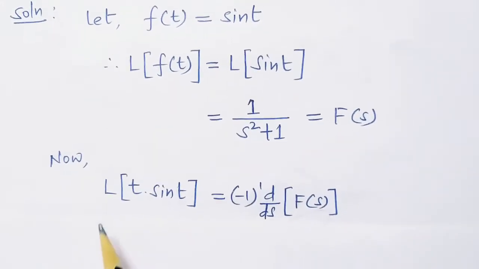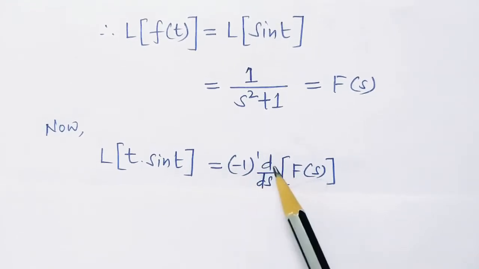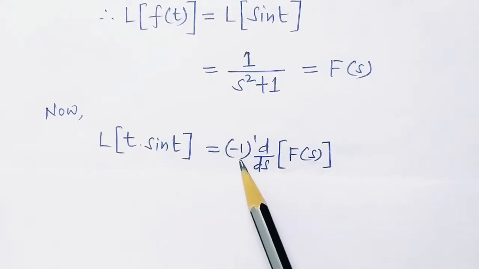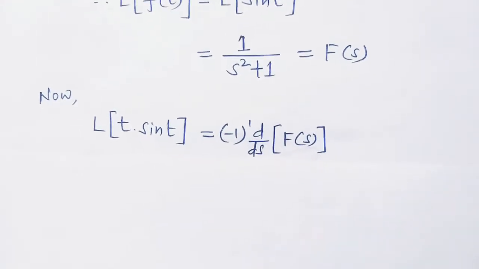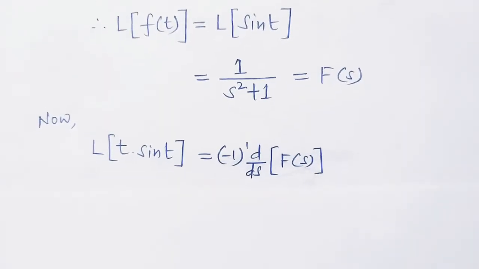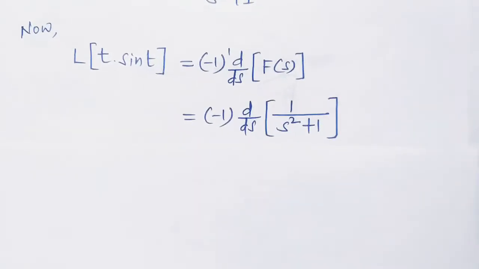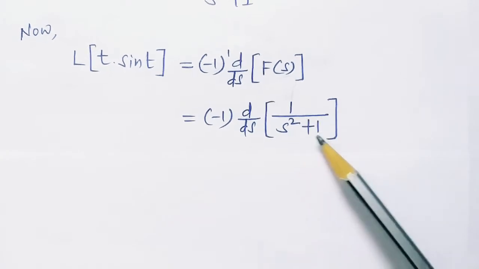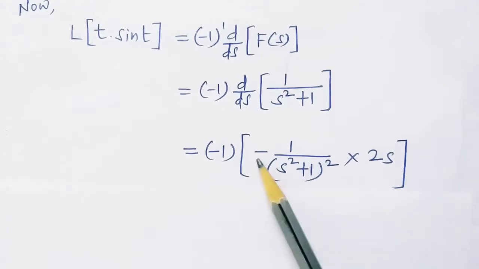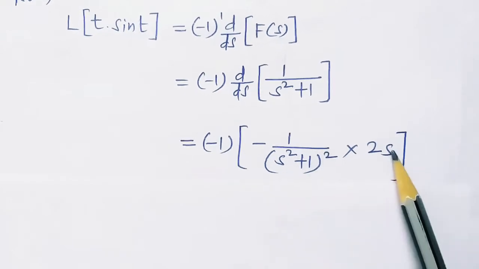Now Laplace of t sine of t, we can write directly minus 1 raised to 1 d by ds of f of s. Since n equal to 1, it has to be only minus 1 raised to 1 and differentiate only once, that is f of s. f of s is 1 divided by s square plus 1. So we can substitute here, that is minus 1 d by ds of 1 divided by s square plus 1. So the derivative is obviously minus 1 outside, minus 1 divided by s square plus 1 whole square, and the derivative of s square, that is 2s.